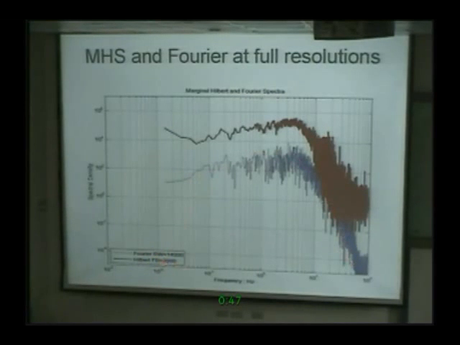And Hilbert with 7,000 resolution, you get this. So when I first plotted this, the two would never agree. Even though I put all the data points in there, the Fourier gives you 7,000 data points, only 7,000 data points. And if I put 7,000 data points in here, I still will not agree with that. Why? It's very simple. This is the total energy. This is the energy density. So the difference between these two is a factor of capital N.